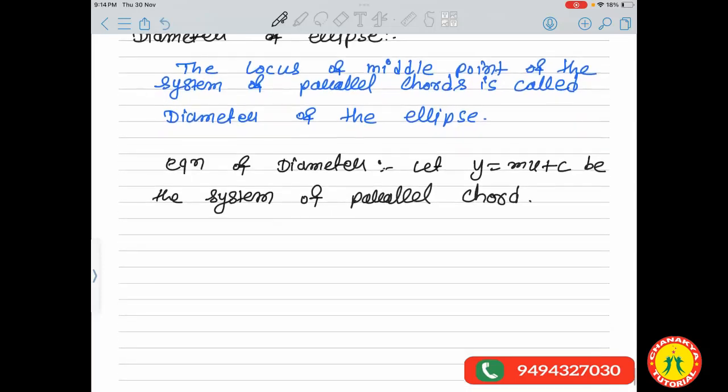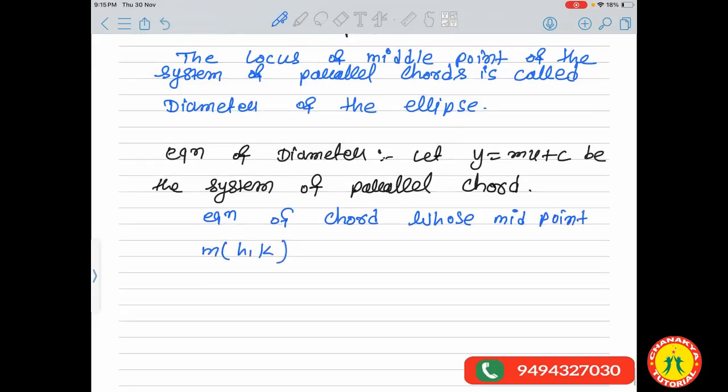Now we know the equation of the chord whose midpoint is h comma k. I have already taught this. Let M be the midpoint, with coordinates h comma k.